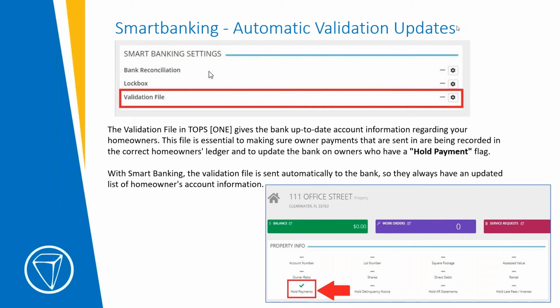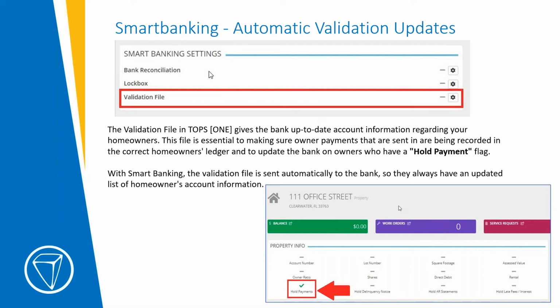On the property screen at the very bottom, our example is a property screen with the hold payment flag with the green checkbox that's telling us that they do have a hold payment for some reason. Hold payments usually come about whenever people go perhaps to the attorney.